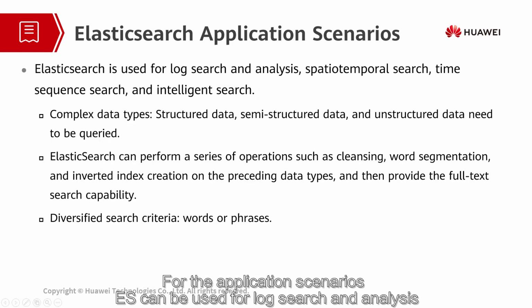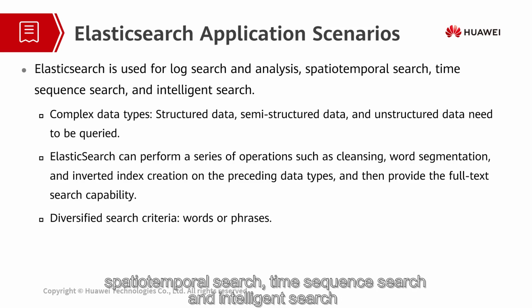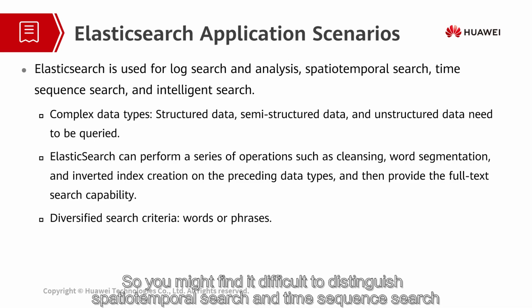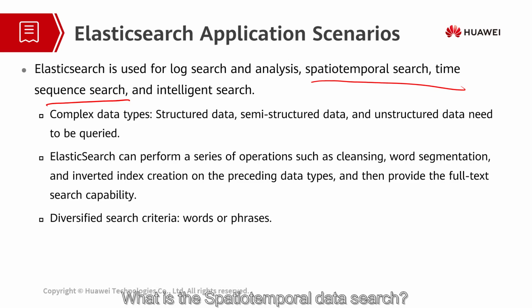For the application scenarios, ES can be used for log search and analysis, spatial temporal search, time sequence search, and intelligent search. So you might find it difficult to distinguish spatial temporal search and time sequence search. What is the spatial temporal data search?